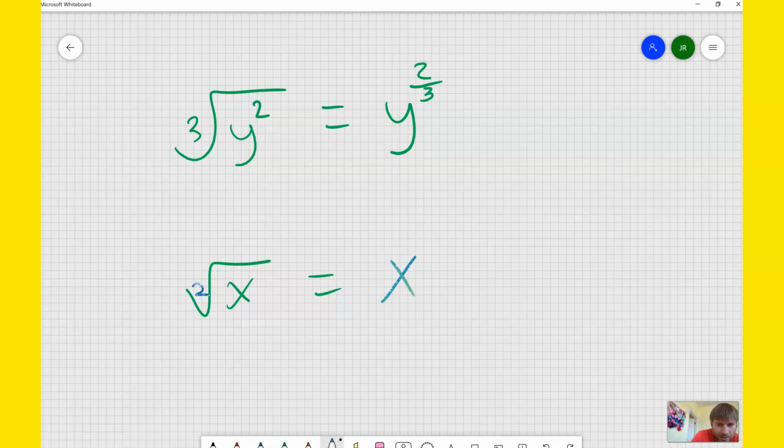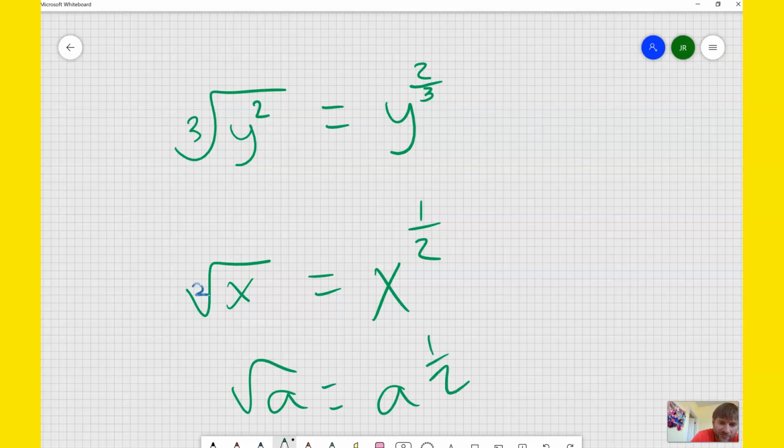So you just rewrite it as x to the 1/2. So if we have the square root of a, we write that as a to the 1/2. If we have the square root of y to the 5th, how do we rewrite that? Y to the 5 halves, or y to the 5 over 2.